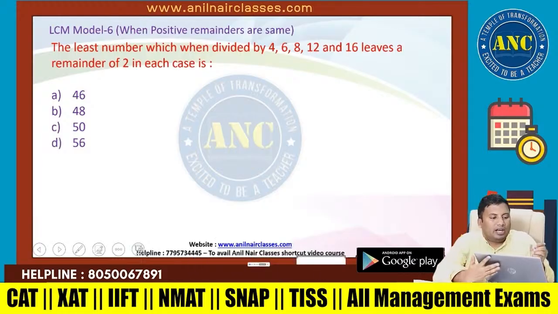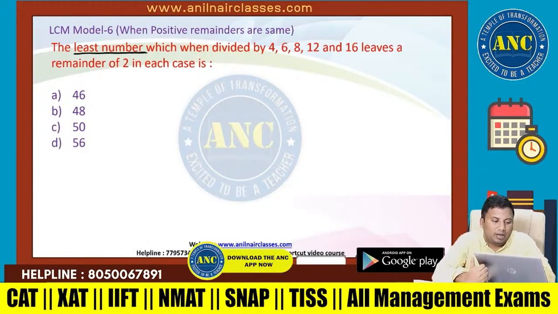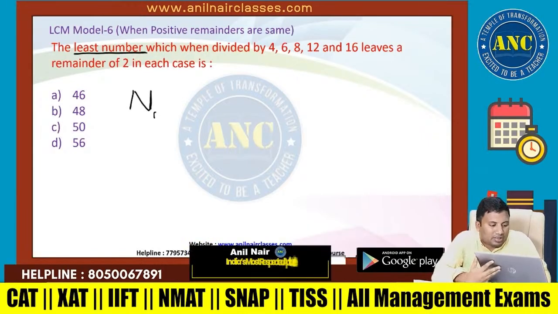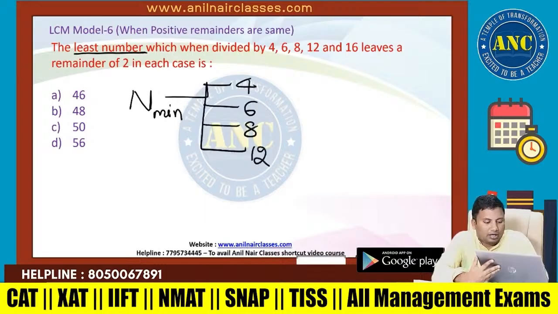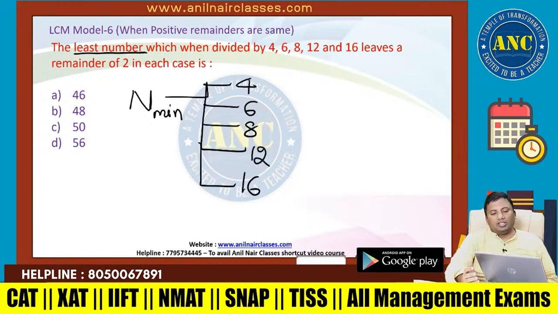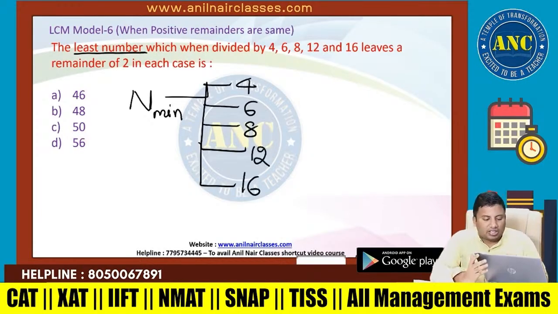Question. The least number, least is the minimum number. There is a number for which we require the minimum value. That number is divided by 4, 6, 8, 12 and 16, and it gives a remainder 2.